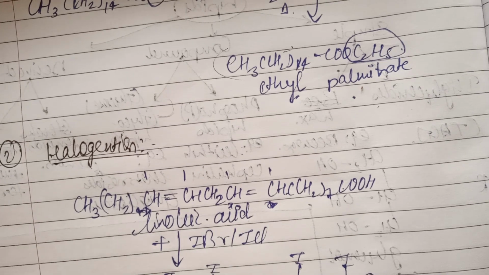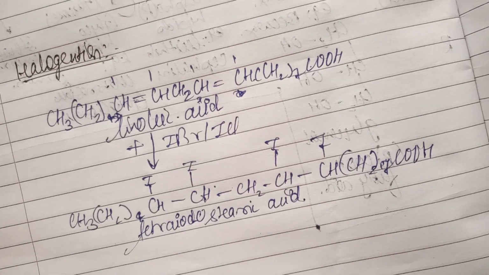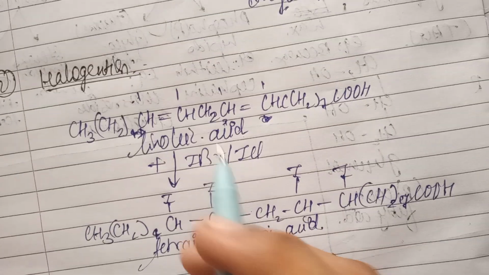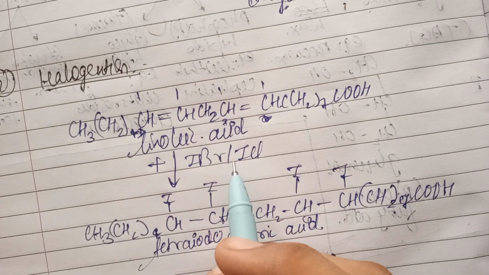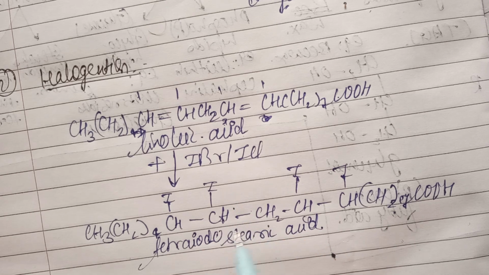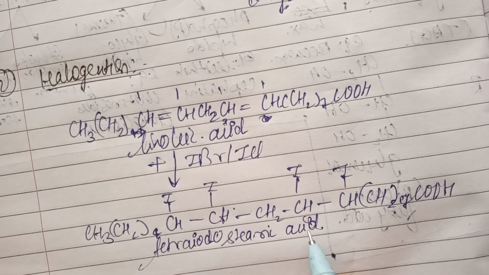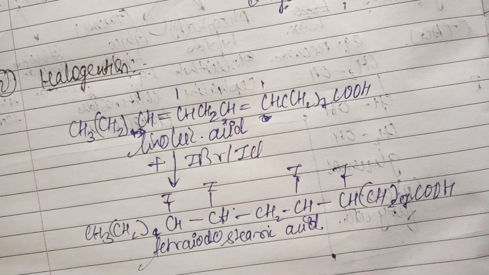So we'll get tetraiodostearic acid. We conclude that the unsaturated fatty acid linoleic acid, on halogenation with iodine monobromide or iodine monochloride, forms tetraiodostearic acid, which is a saturated fatty acid.